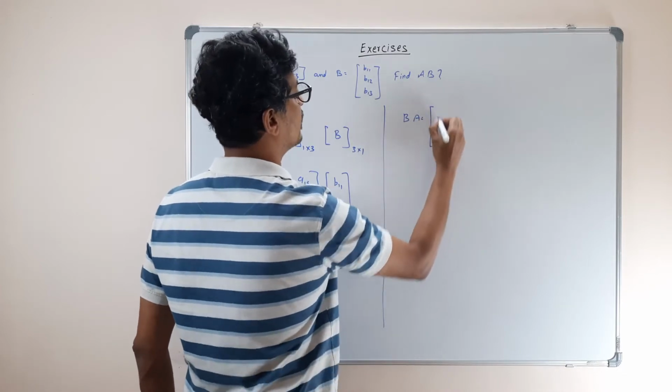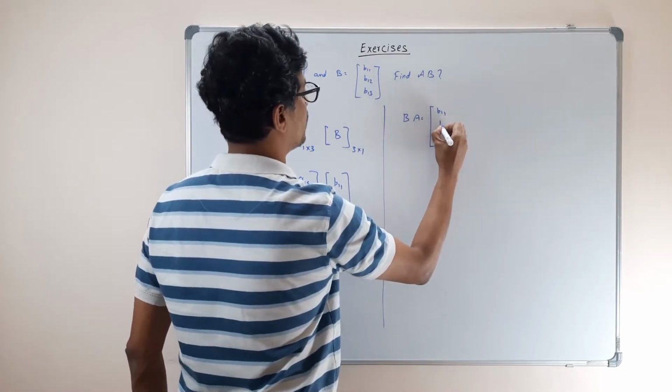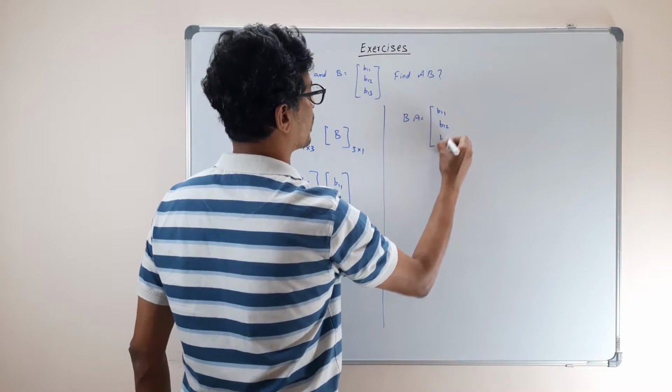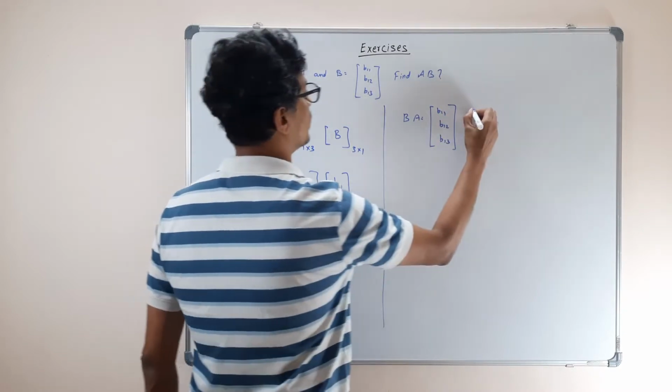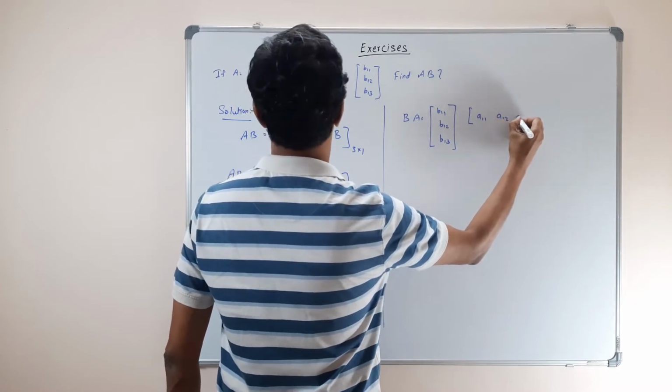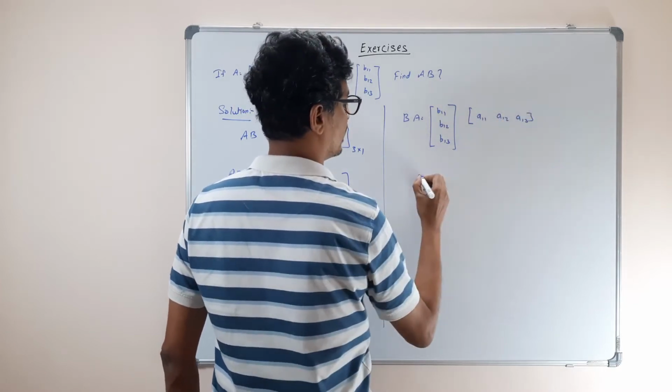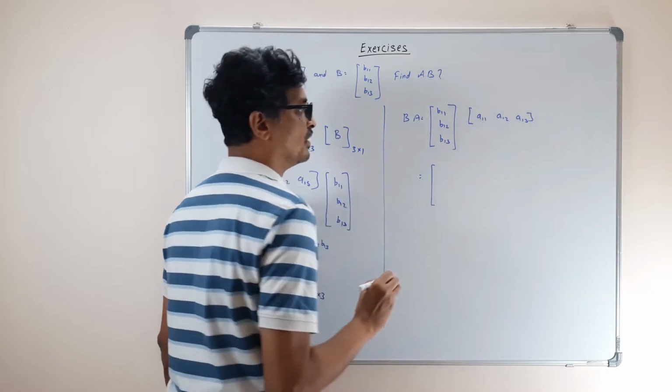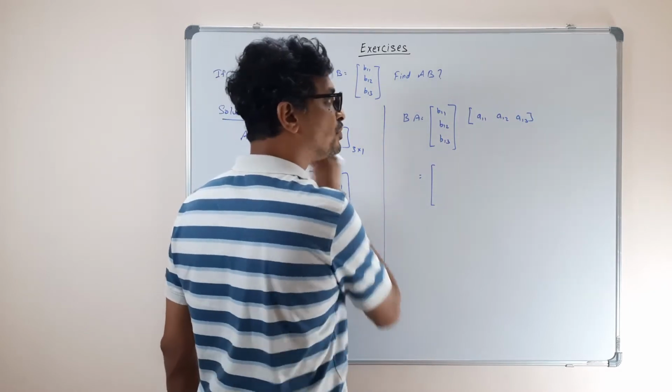So let us write B. B is B11, B12, B13, and this will be A11, A12 and A13. Correct? So tell me what this matrix will be?